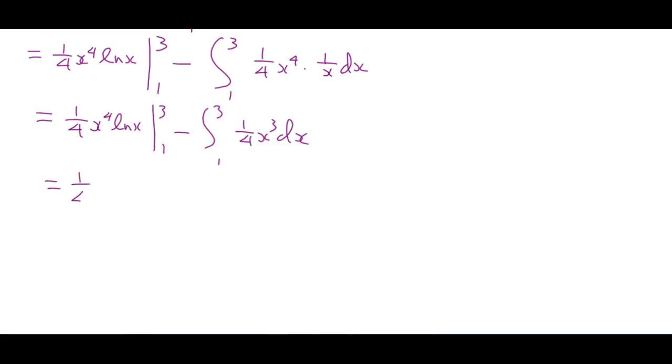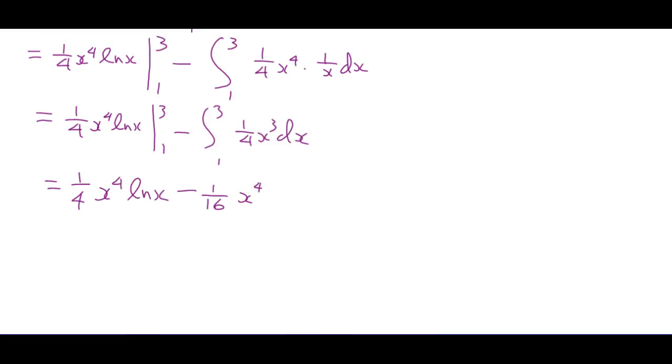So it's going to be 1/4 x to the 4th ln x minus, what's that going to be? 1/16, right? That's going to be 4 times 1/16, which is 1/4 x cubed. Yeah, okay, that's good.